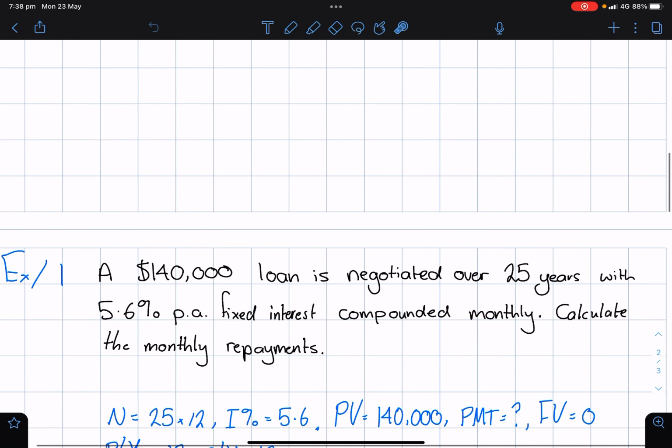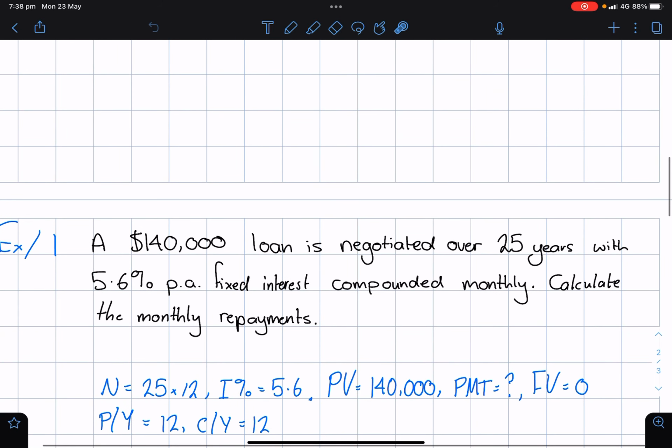Hopefully you are all over your calculator by now. Casios will look like this, and I'm sure Texas Instruments are exactly the same. So our N is 25 times 12, 25 years, 12 months. Interest rate percentage is 5.6. Now, with loans, this is where it differs from straight compound interest and superannuation calculations.